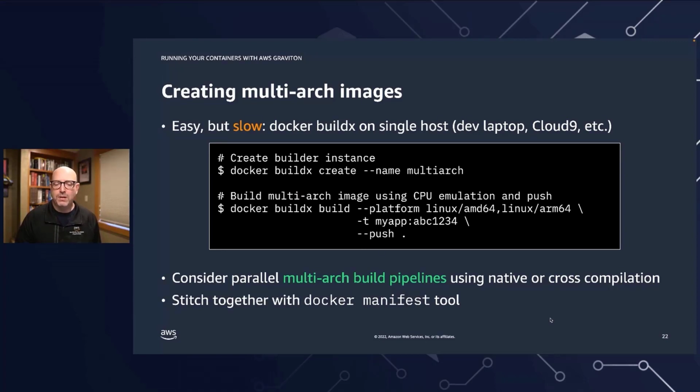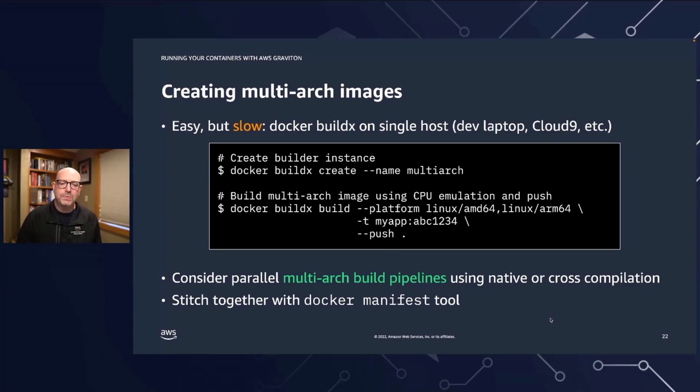The important argument you give to docker buildx build is the list of platforms. In this case, I'm building it for linux/amd64, which is the x86 architecture, and linux/arm64. I'm also tagging the image and pushing it at the same time.